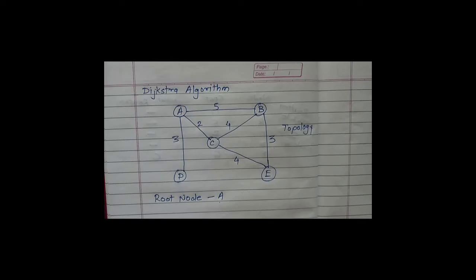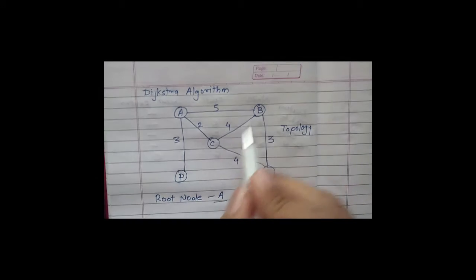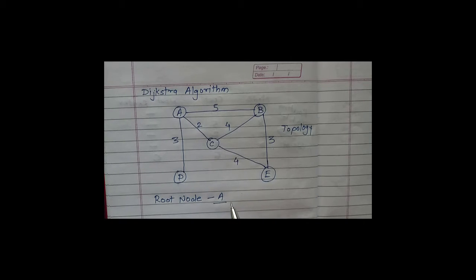As per Dijkstra's algorithm, we first have to set a root node for which we will form the routing table. In this example, I will consider root node as A, but later on you can try for B, C, D or E with the steps which I am going to demonstrate in this video.